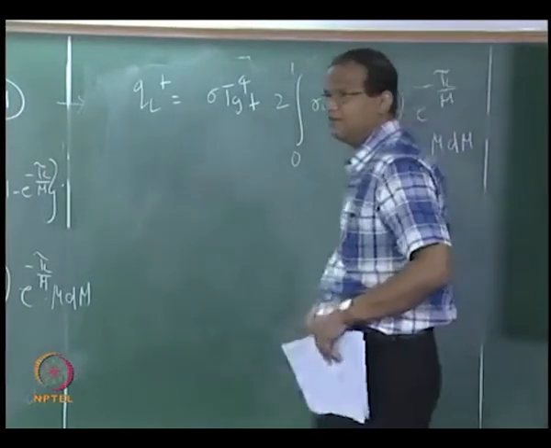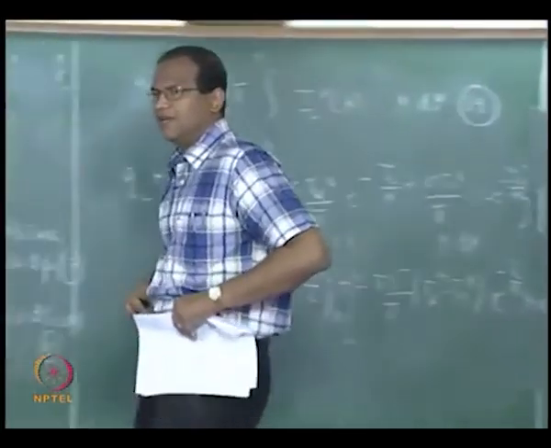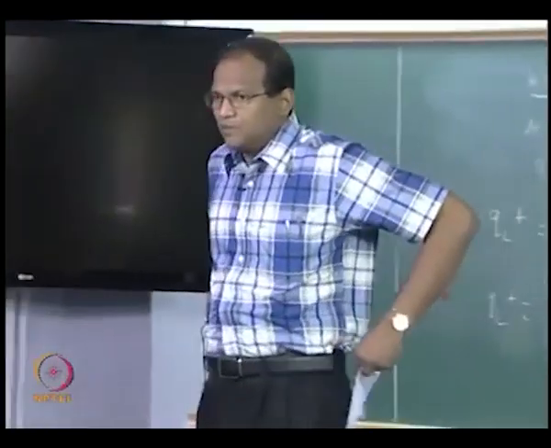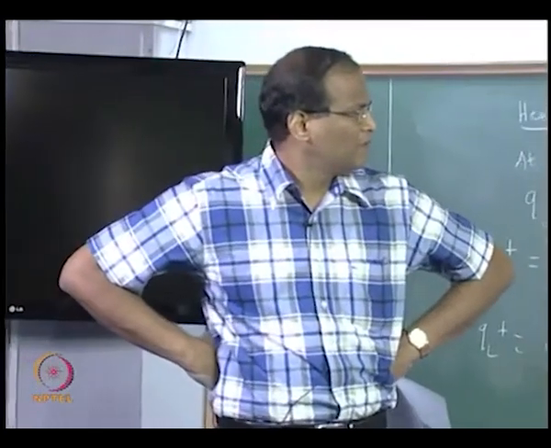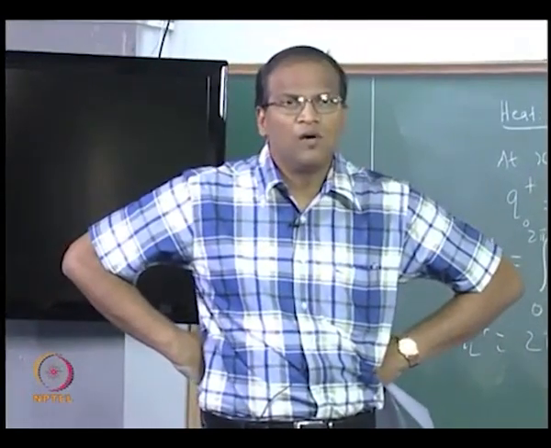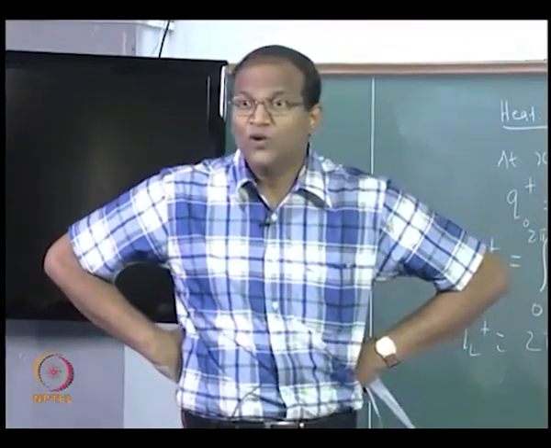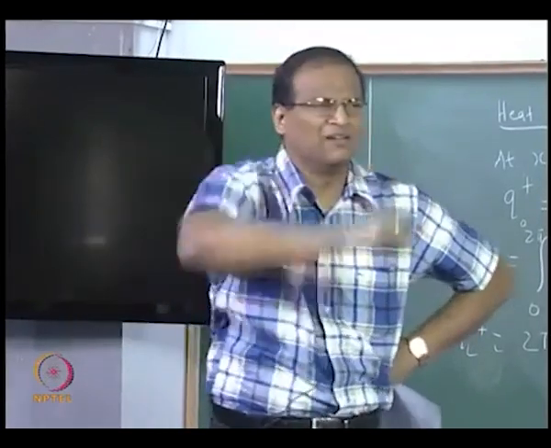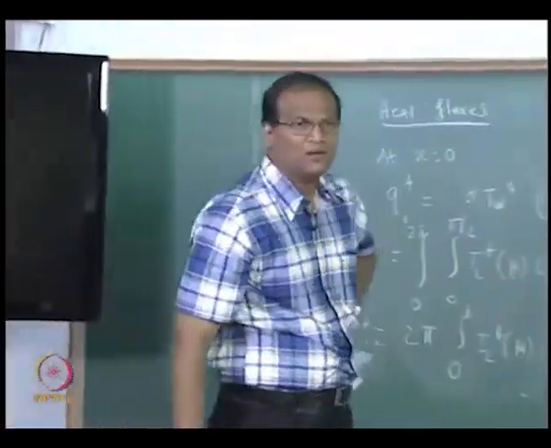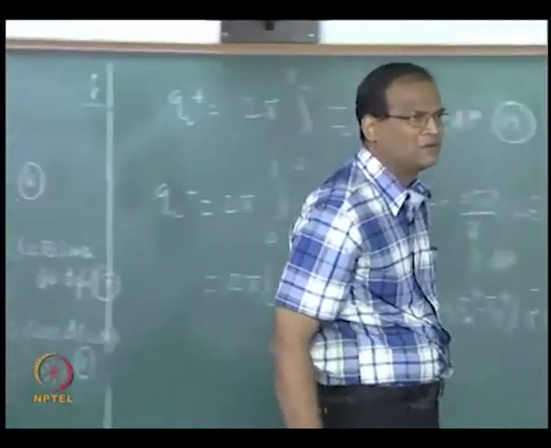I can take the TL to the power of 4 TG out. So you get mu e to the power of minus tau L by mu d mu; it cannot be integrated, do whatever you want.